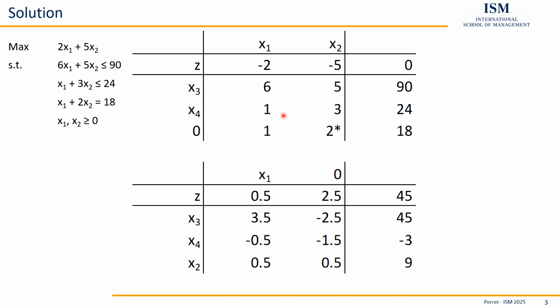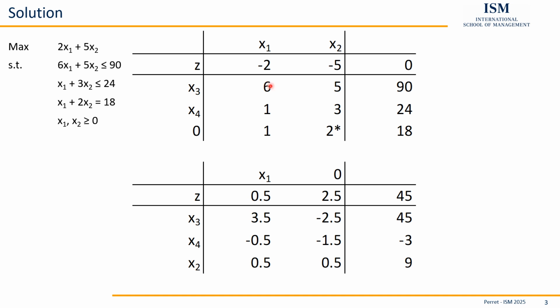With this rectangle, I'm going to calculate the element which I want to change minus these 2 corners multiplied, divided by the pivot element. So in particular for this case, 1 minus 3 times 1 divided by 2. So 1 minus 3 halves, giving me minus 1 half. For the 6, I would have this rectangle.